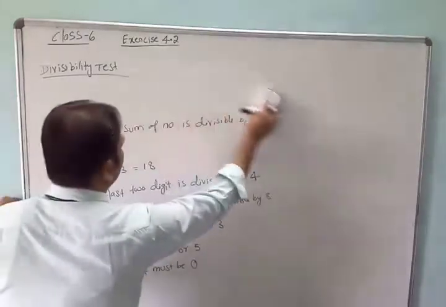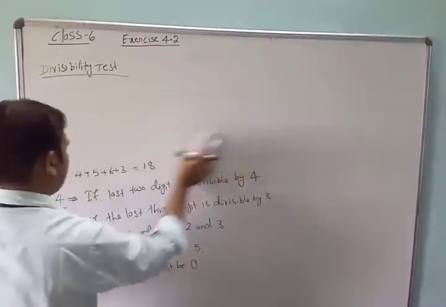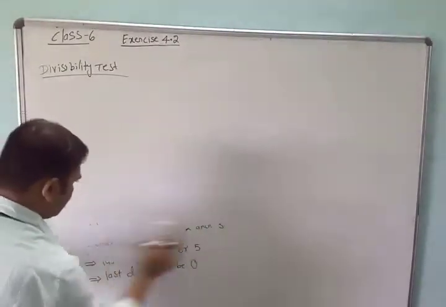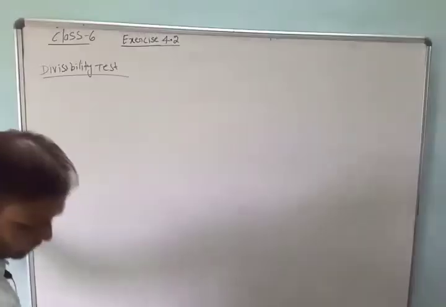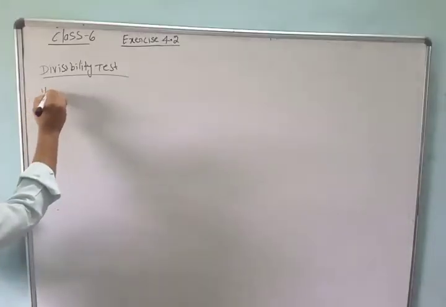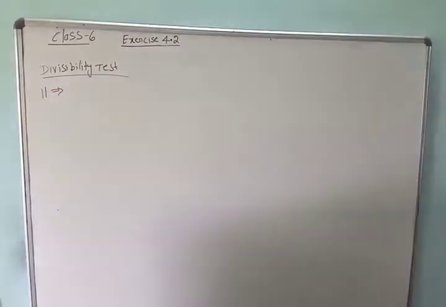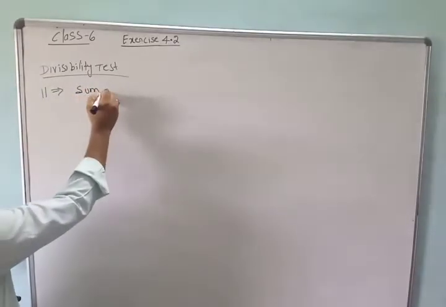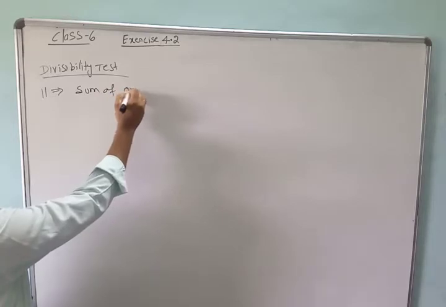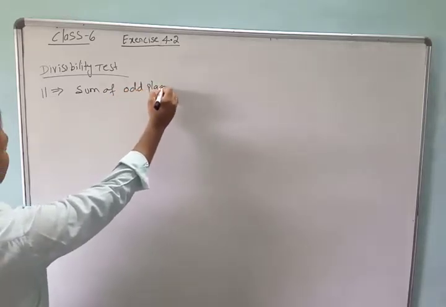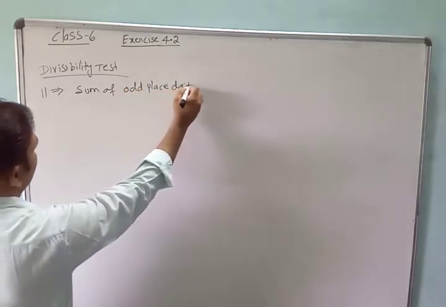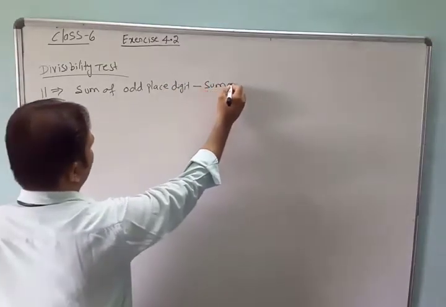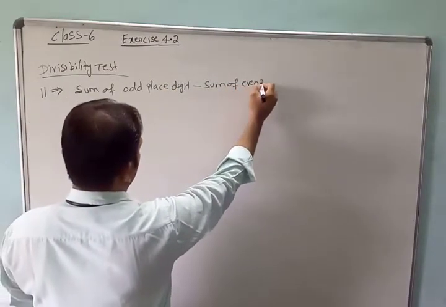Then one last test, of 11. 11 is somewhat different. Firstly, we have to check the sum of odd place digits minus the sum of even place digits.